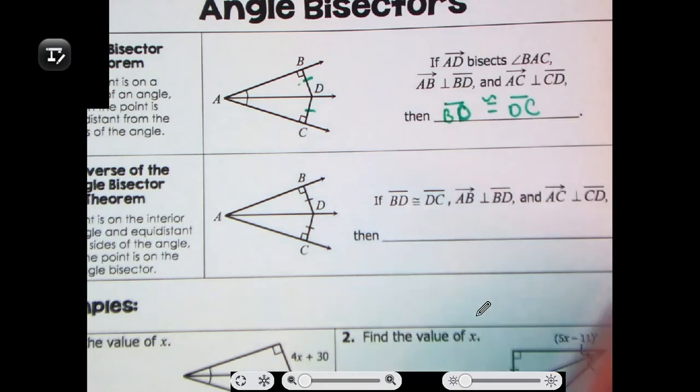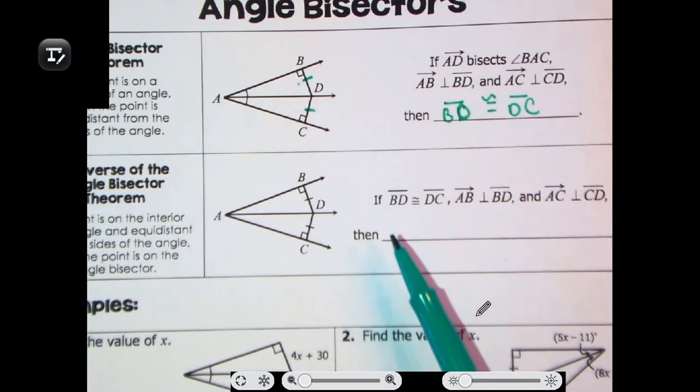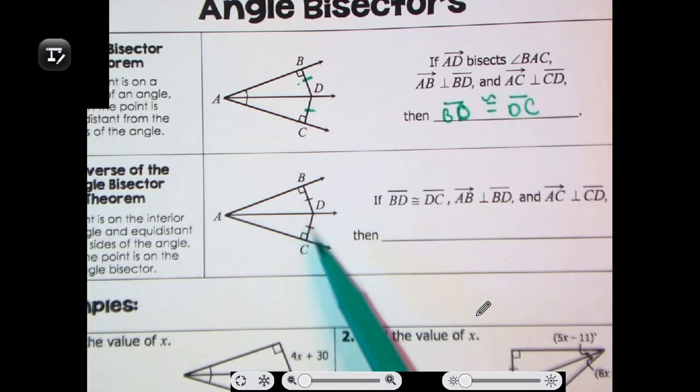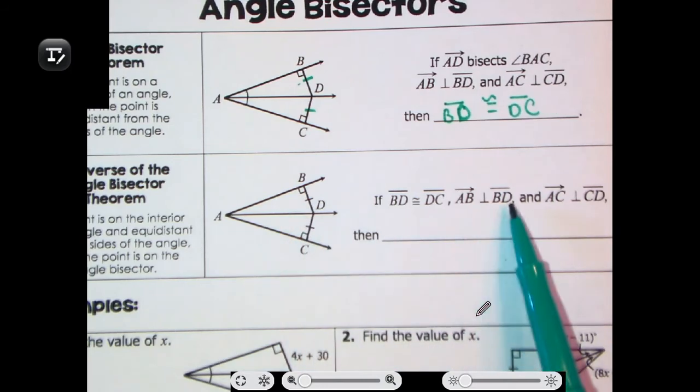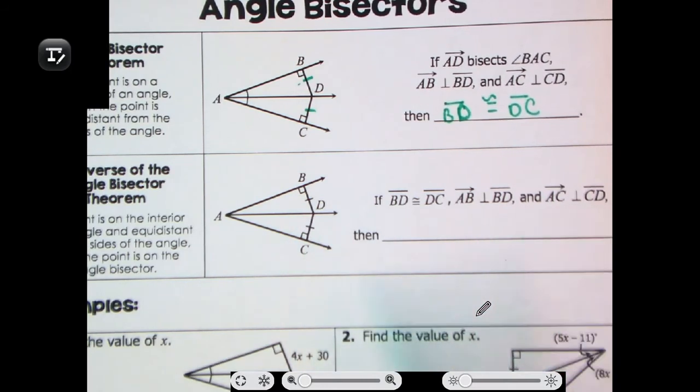Let's take a look at the converse of that. So now we're just going to take all of that and say it backwards. If BD is congruent to DC, so if these two are congruent, and AB is perpendicular to BD, AC is perpendicular to CD, same as before.